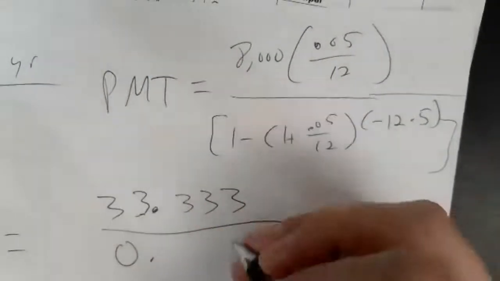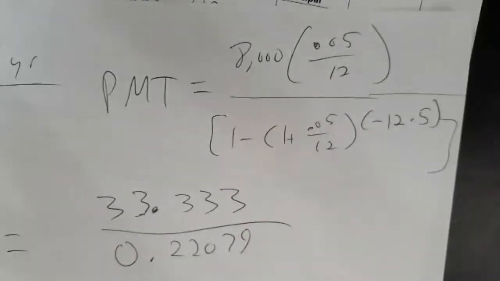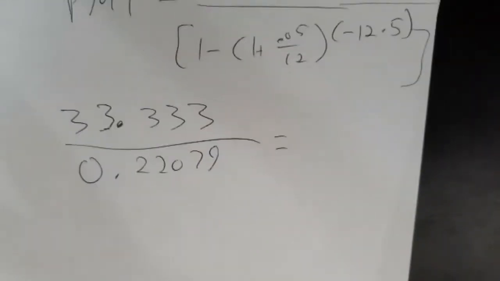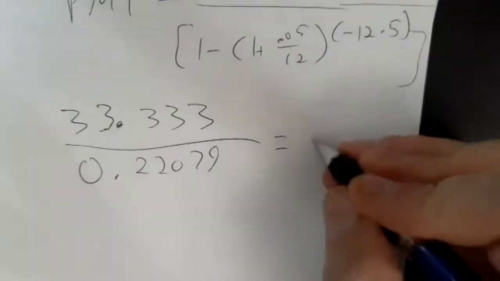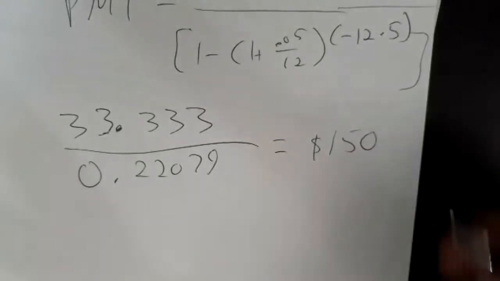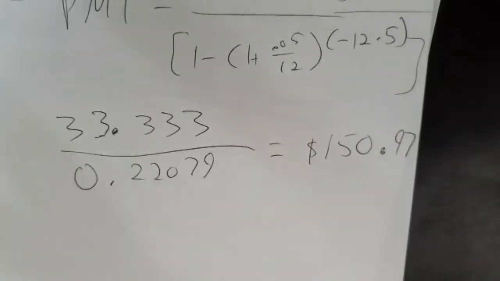Something like 0.2207. And now I'm dividing these two things. So I got 33 1/3, and I'm dividing by 0.2207. I should be getting something like 150.96, and 150.97 if I round it up. So I found my payment is 150.97.